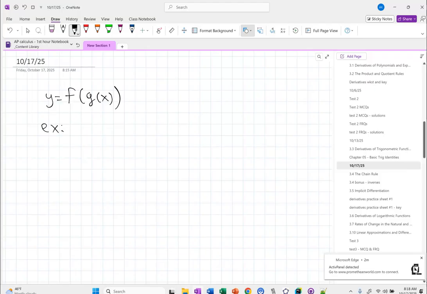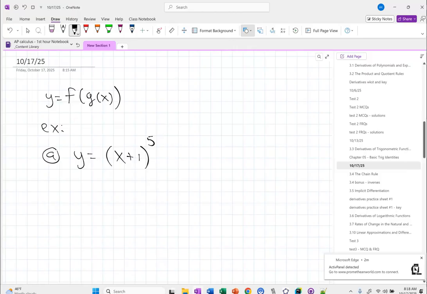So for example, if I have the function, what's the f and g? That's a composition. What is the inner function?